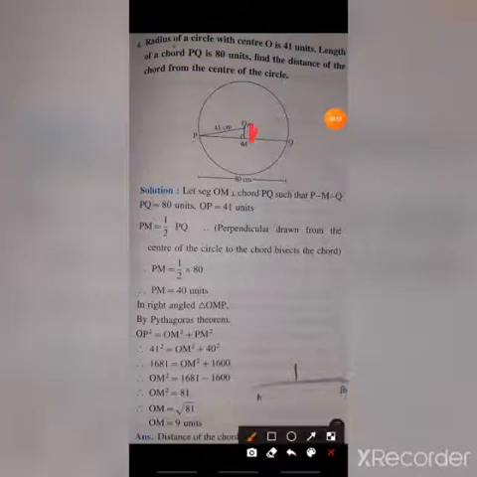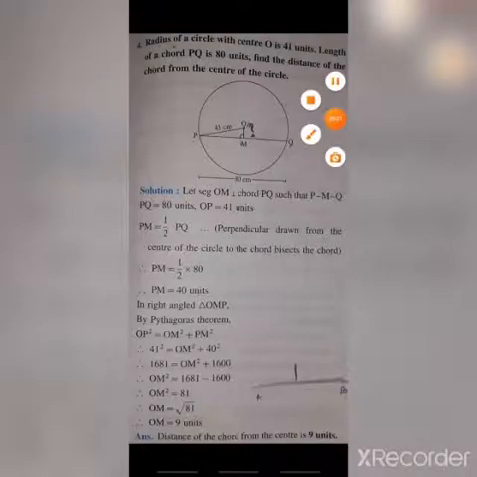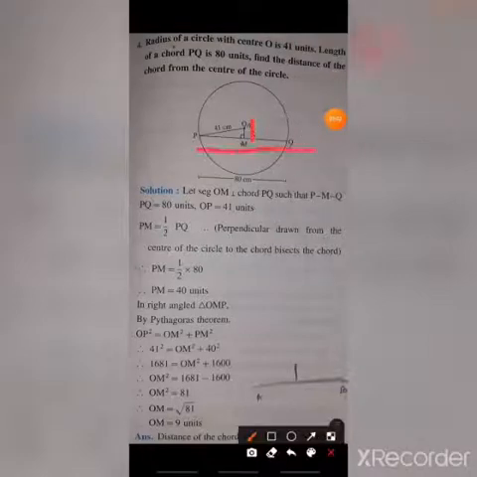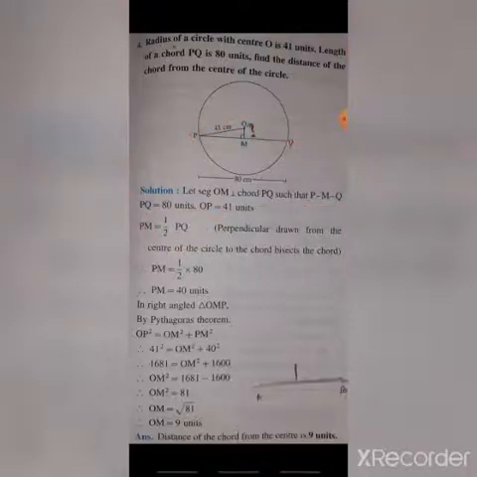That is OM. So let segment OM be perpendicular to PQ, such that PQ is 80 units and OP is 41 units. PM is half of PQ.